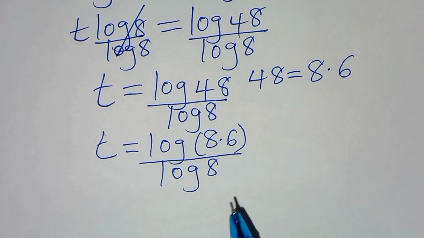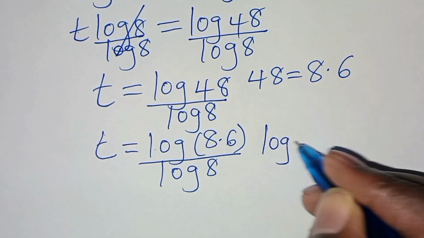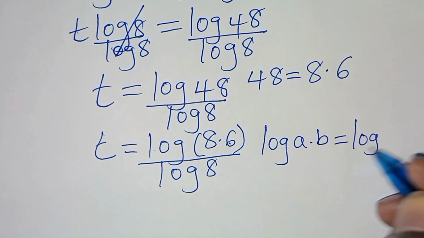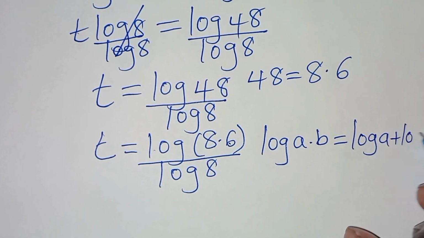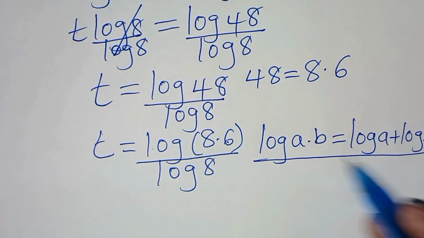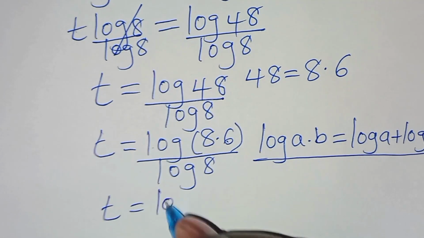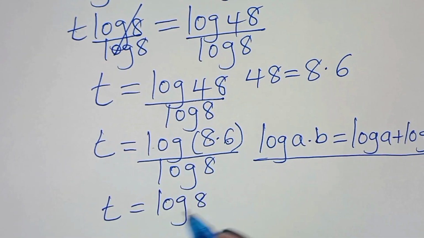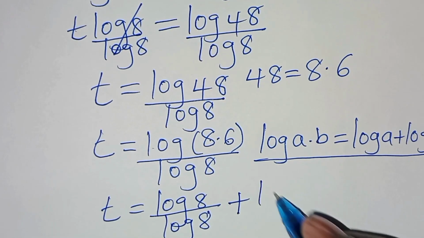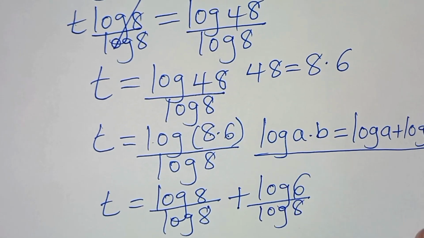The next step: log 8 times 6 is in the form of log a times b, which we can express as log a plus log b. So t is equal to log 8 divided by log 8 plus log 6 divided by log 8.